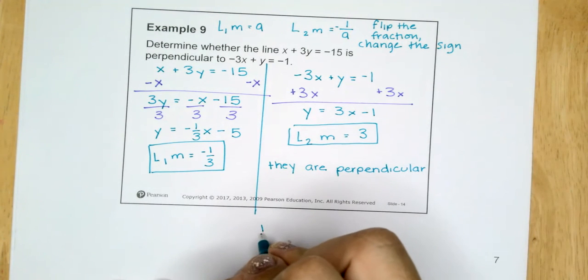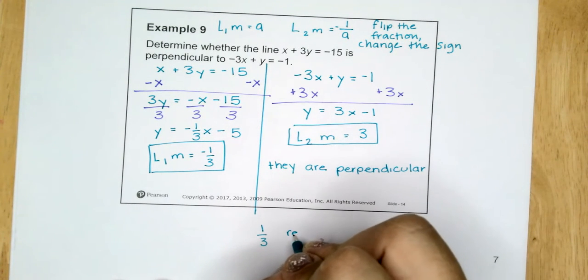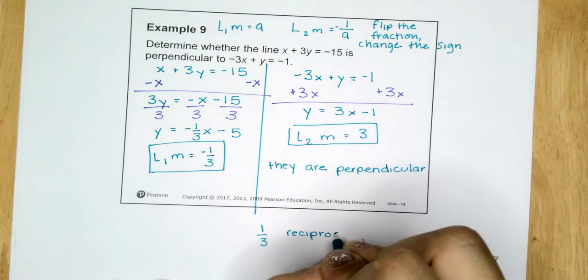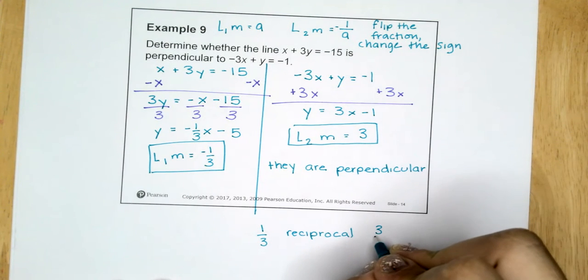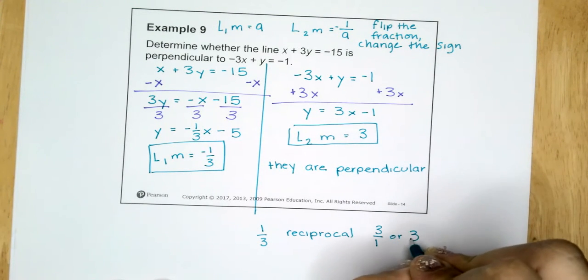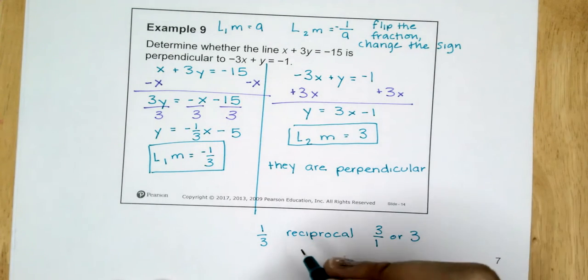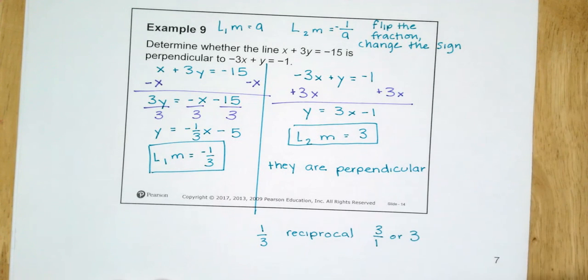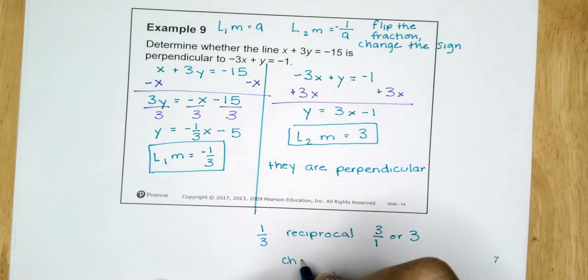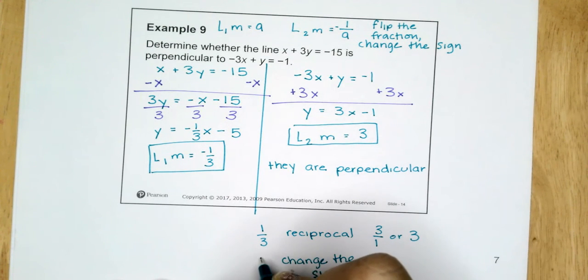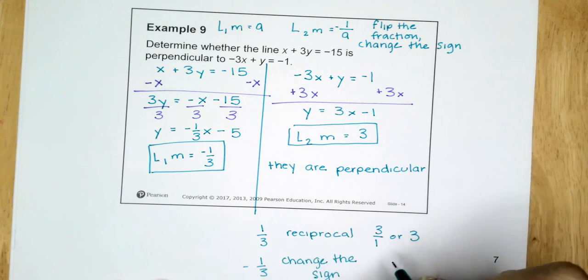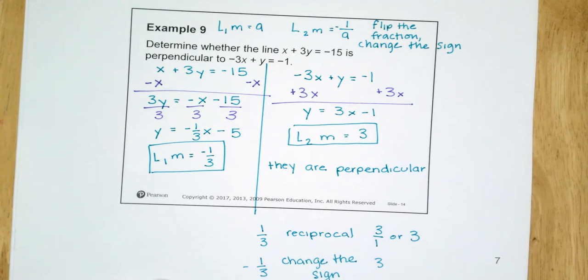I took 1/3 and its reciprocal will be 3/1 or 3, right? And then negative becomes positive. So a negative 1/3 to a positive 3.